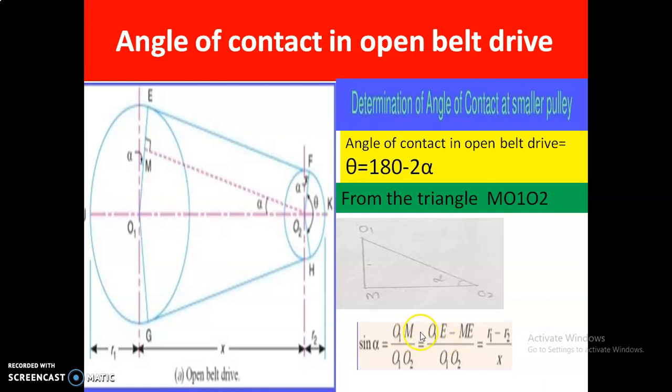Therefore, sin alpha is equal to (O1E minus ME) divided by O1O2. O1E is R1, ME is R2, and O1O2 is the center distance between the two pulleys, that is X. Therefore, alpha is equal to sine inverse of (R1 minus R2) by X.